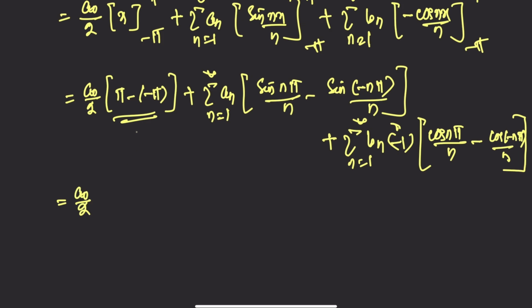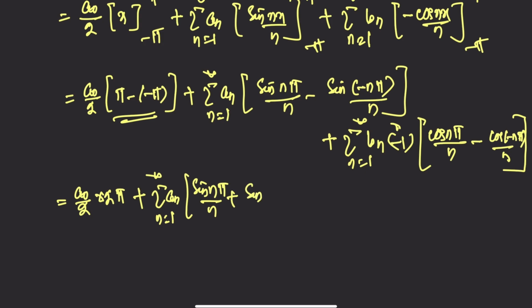So a0 by 2 times the first term gives 2 pi, plus summation n equals 1 to infinity an sin n pi by n minus sin of minus n pi by n. Sin of minus theta is minus sin theta, so minus minus becomes plus, and the second term becomes sin n pi by n.